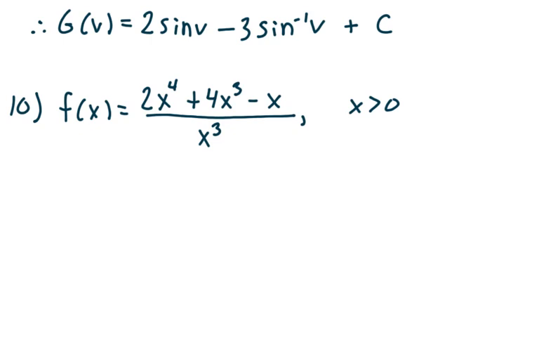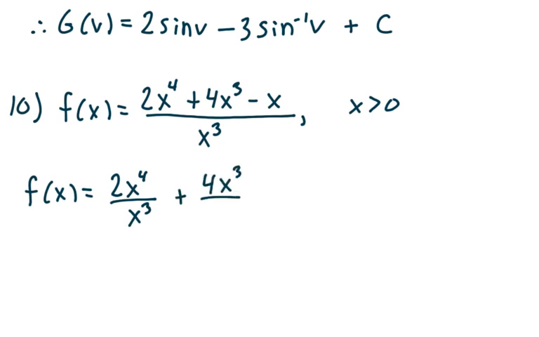So we're going to split off that fraction. f(x) = 2x⁴/x³ + 4x³/x³ − x/x³.